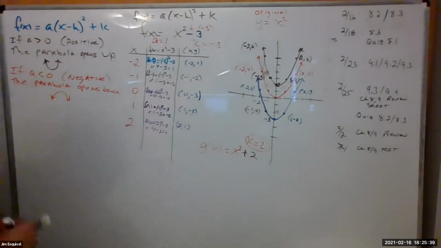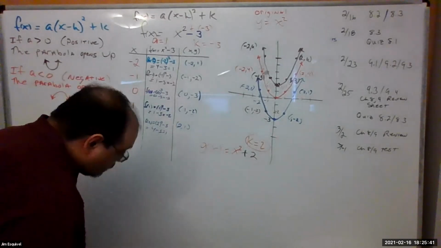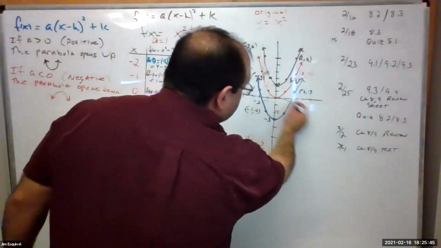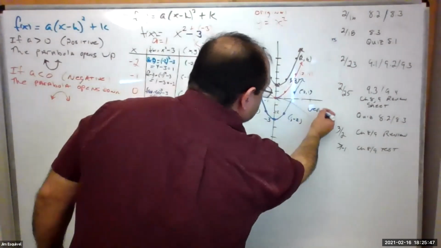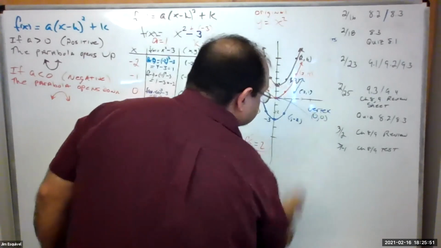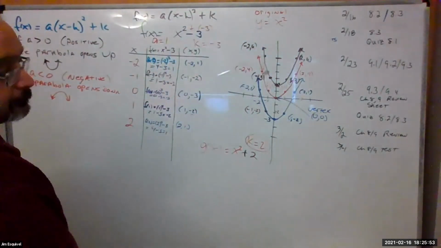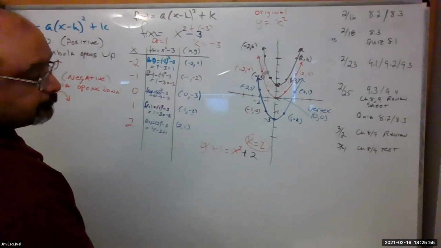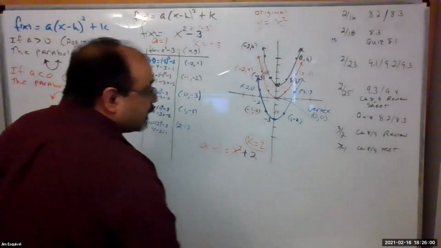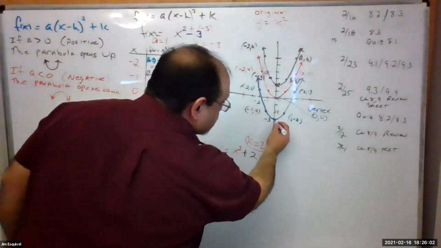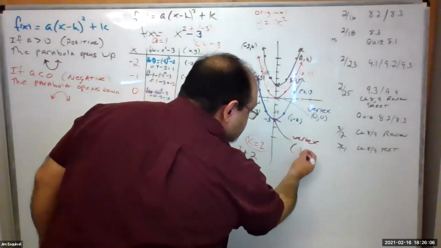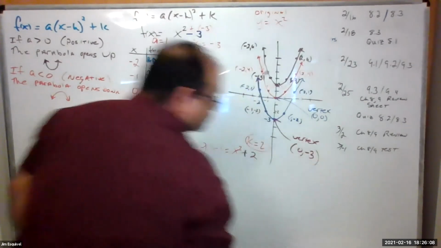Now, why are these things important? I'll show you. On the original graph, the vertex was at (0, 0). Right here, this vertex was at (0, negative 3).